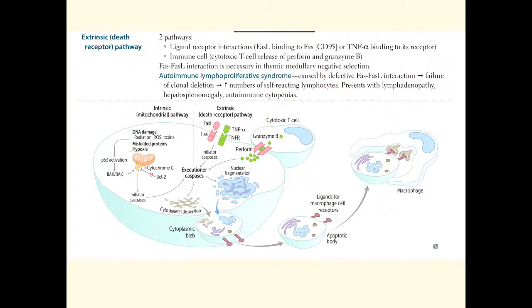Pancytopenia is a very severe disorder, which may have many other causes also, but this will lead to infections due to the decrease in leukocytes and neutrophils. This will lead to bleeding because of the decrease in platelets, and anemia because of the decrease in red blood cells.